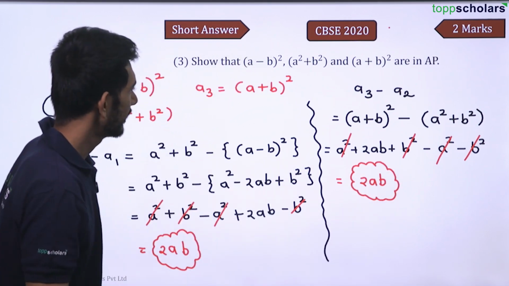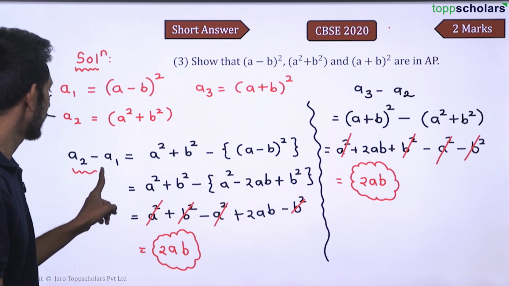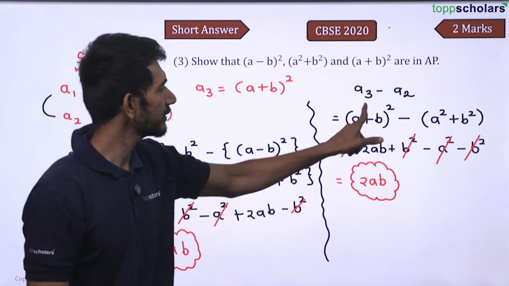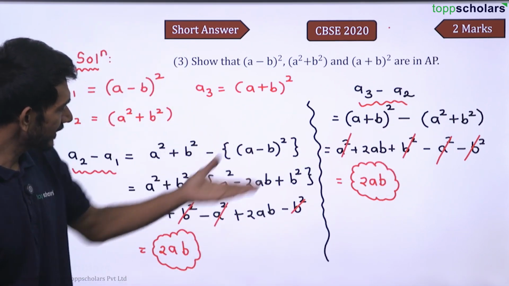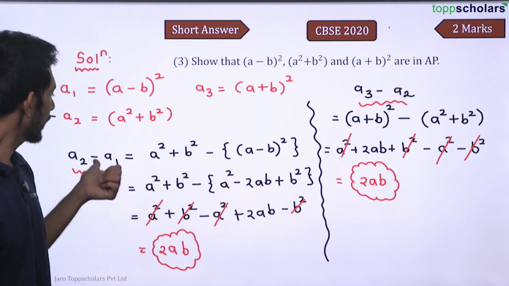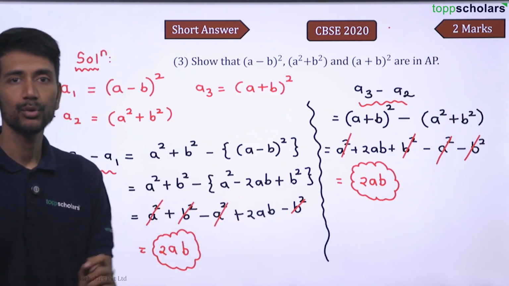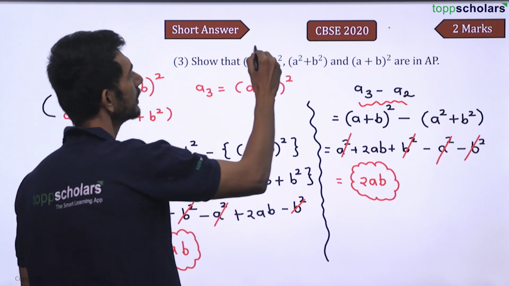So check, can I say that A2 minus A1 and A3 minus A2, both of them are equal? Yes, I can say that. I can clearly see here, here also there is 2AB, here also there is 2AB. So A2 minus A1 and A3 minus A2 are equal. Therefore, we can say that these three terms are in AP.